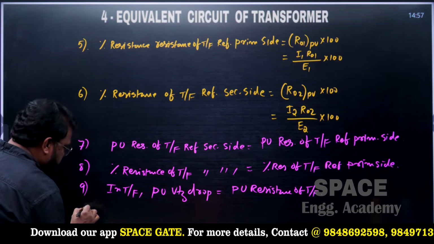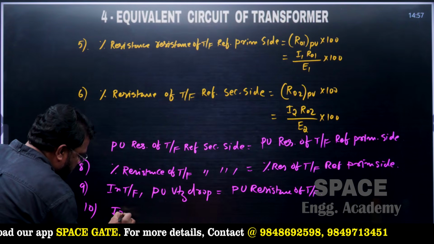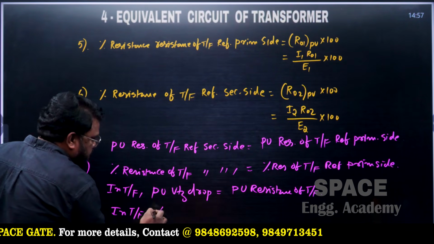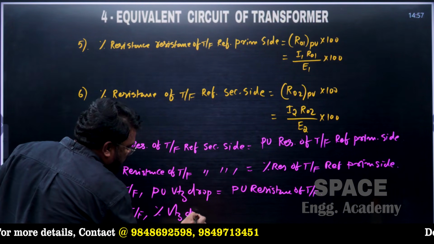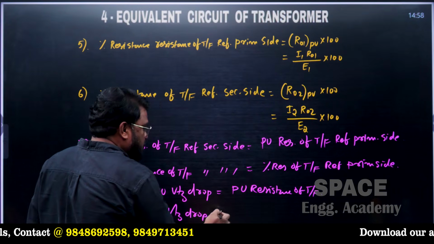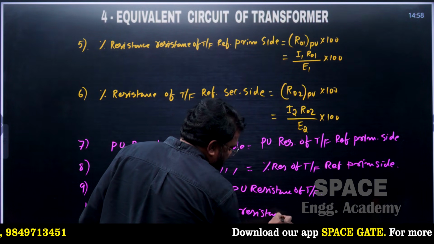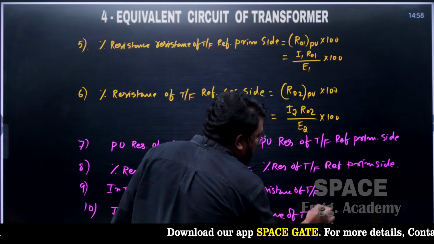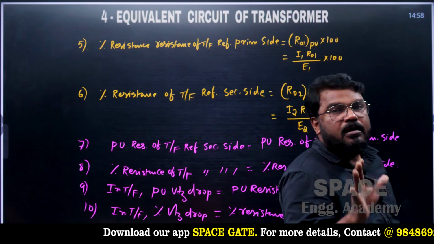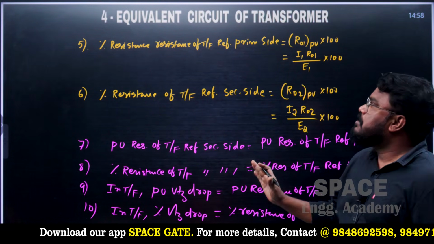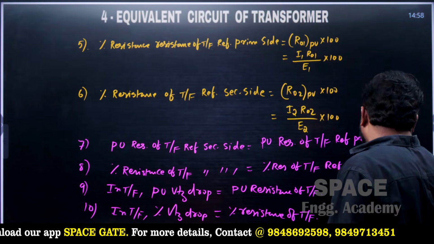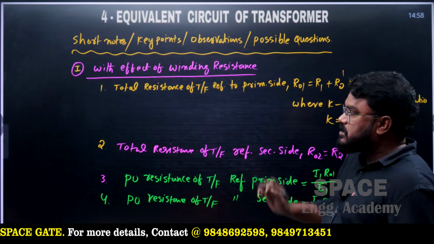And next point is in transformer, percentage voltage drop is equal to percentage resistance of the transformer. So these are all possible questions from the transformer with effect of winding resistance.